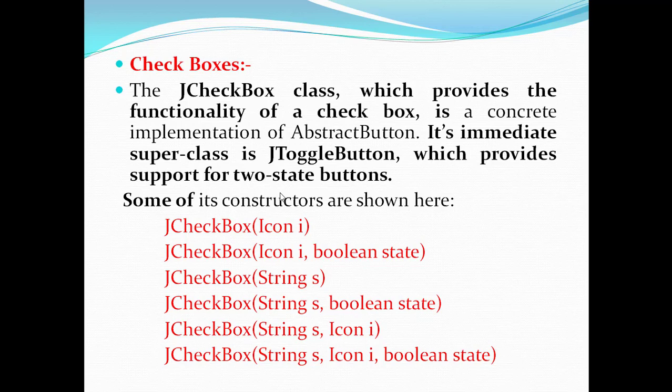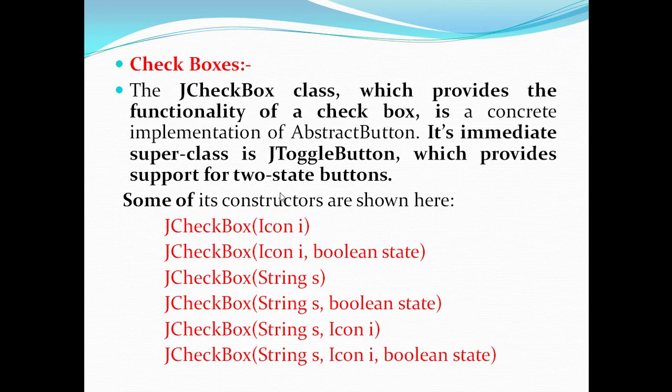First one, JCheckBox(Icon i). Second, JCheckBox(Icon i, boolean state). Here Icon i specifies the icon for that checkbox. Boolean state specifies checked or unchecked. By default that is false, meaning not checked. If we pass the boolean state value true, then that checkbox will be already checked.